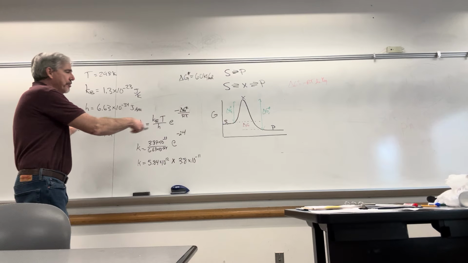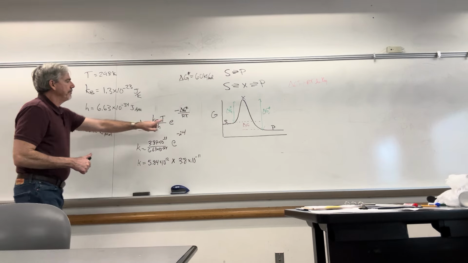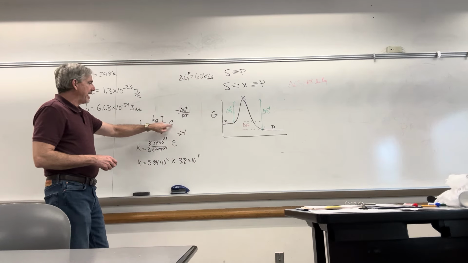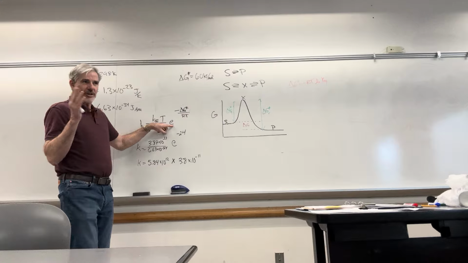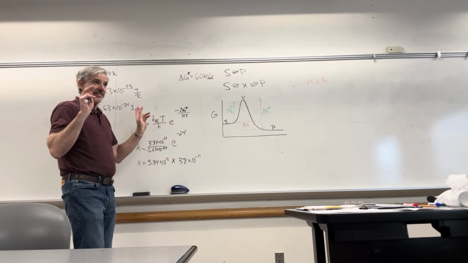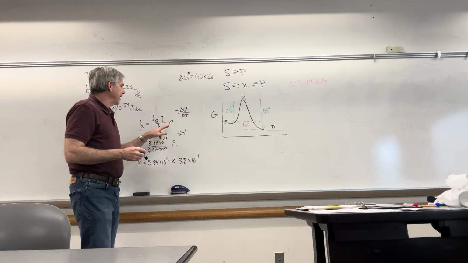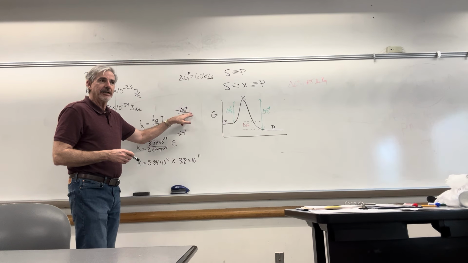So we were just going through an example. Part of the equation is you have to take e, Euler's number, the base of natural logarithms, and raise it to a power.